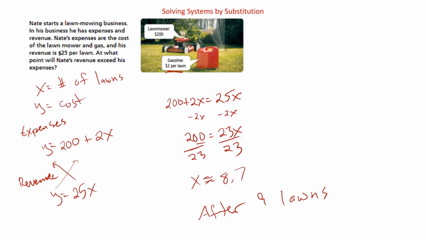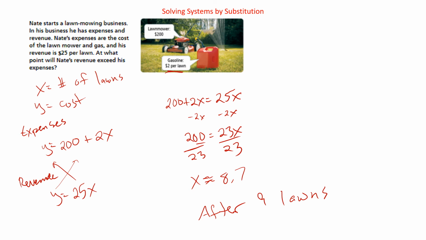So once he mows his 9th lawn, he's going to have made a little bit more money than he pays. And then everything after that, he's making money. He's paid off his lawnmower, and he's charging more than he's paying in gas. But he has to make it to 9 lawns first, and then he gets in the black.